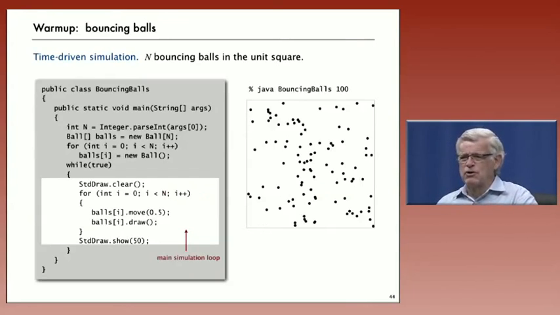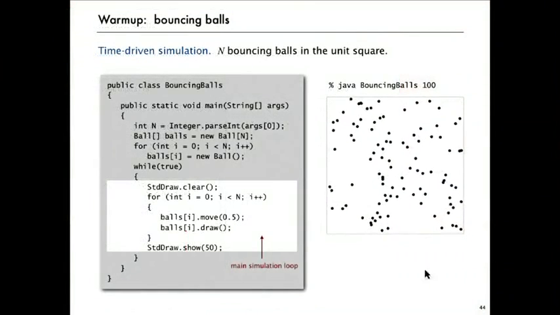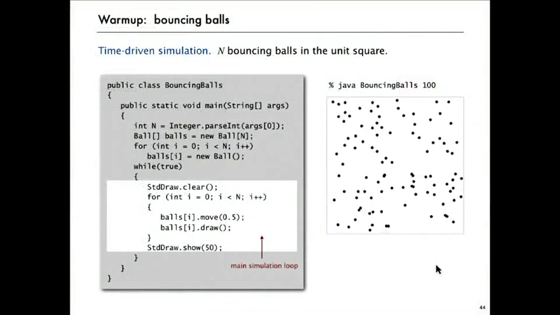So as a warm-up, here's the code to implement bouncing balls without the collisions. This is an elementary programming exercise: the code at the left has the effect shown at the right.